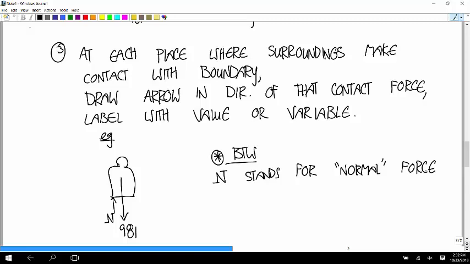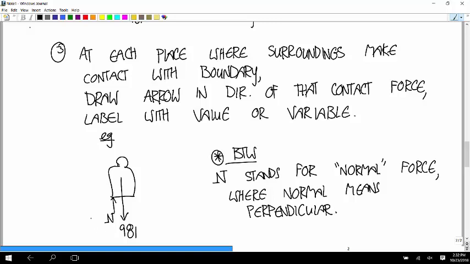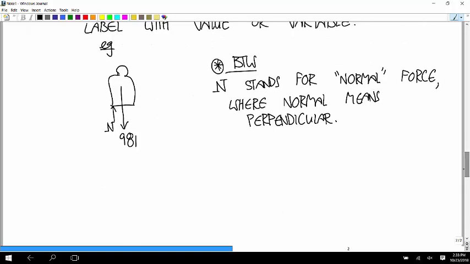It means perpendicular. So that force N is a force that's perpendicular to the ground in this case. Perpendicular to the surface that's applying that force. Okay, so that's it. That's how you do a free body diagram.